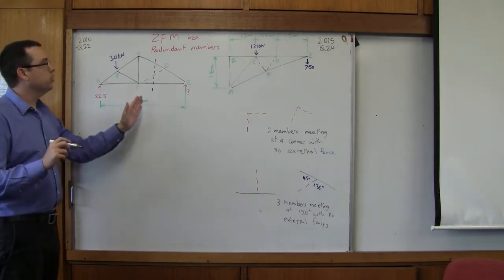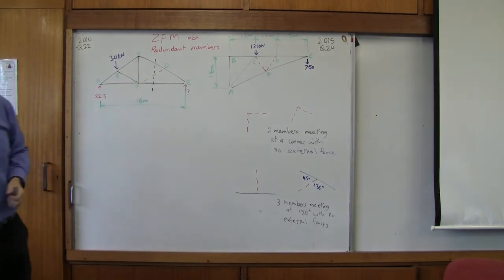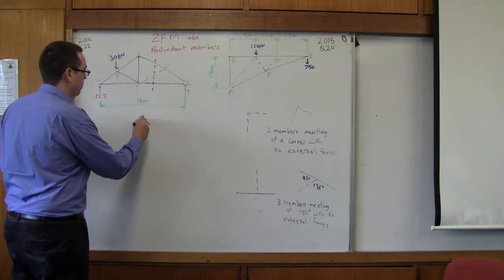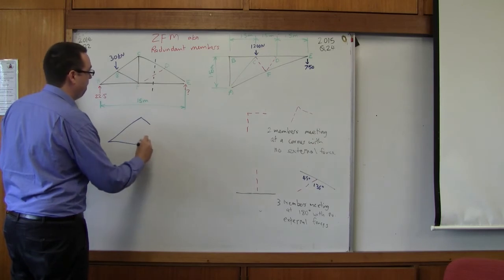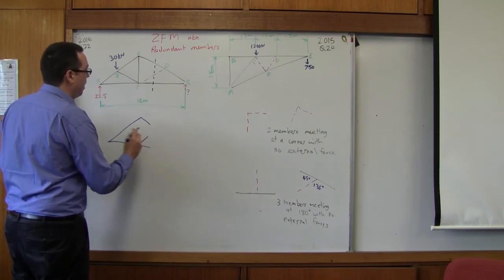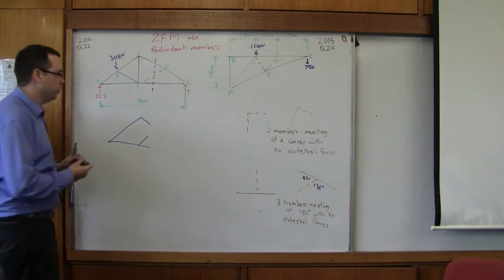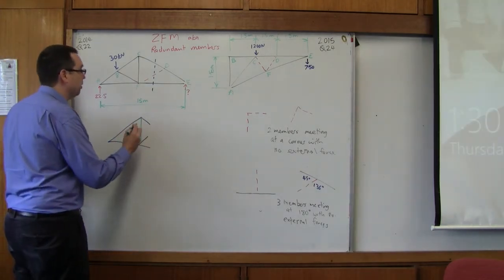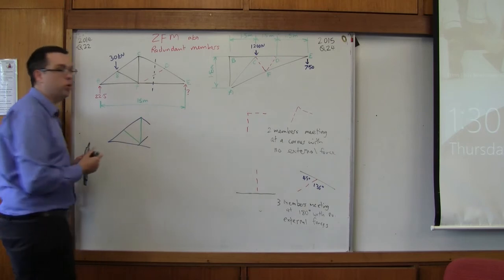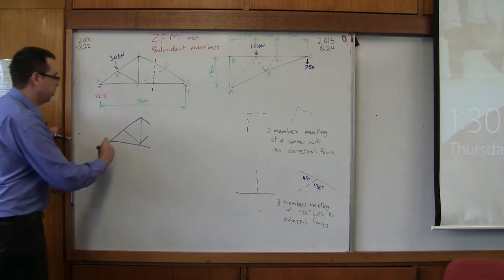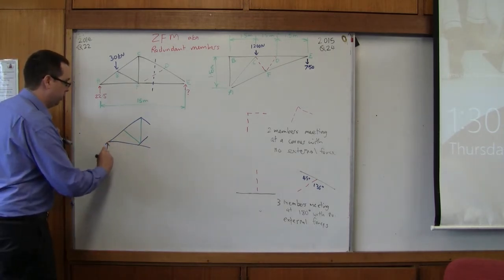So first thing we've done is we've cut. Now we're going to draw. You don't have to draw, but I like to draw what our thing looks like. Now we have some internal members, but I don't really care about internal members, right? Internal members don't count, so we can just ignore those. What we have instead is we've got 225 newtons, so it's probably kilonewtons, one would presume.